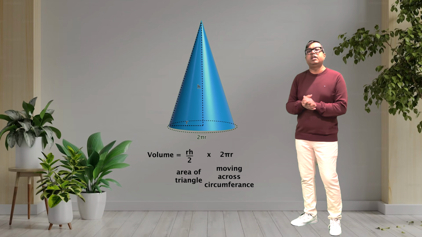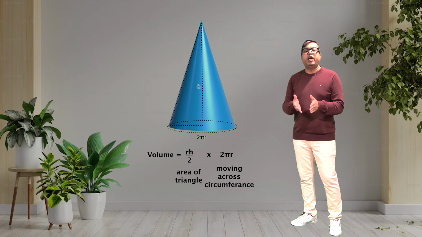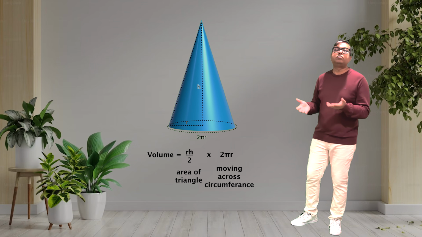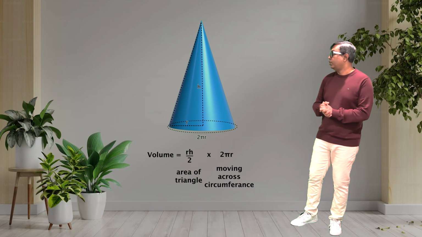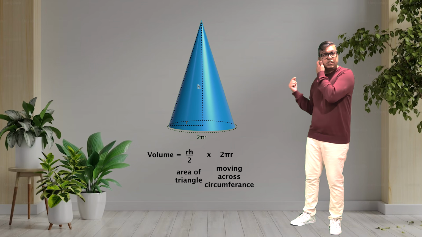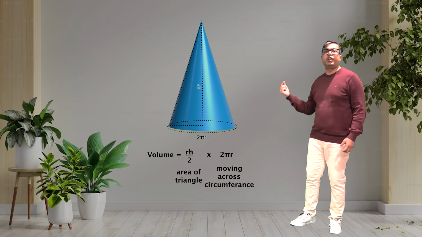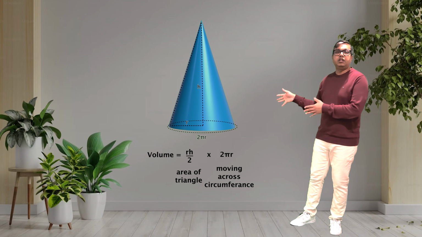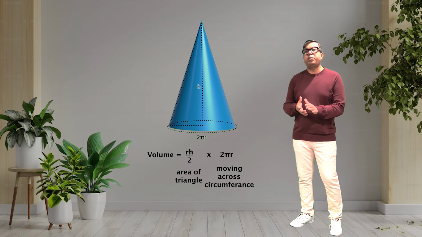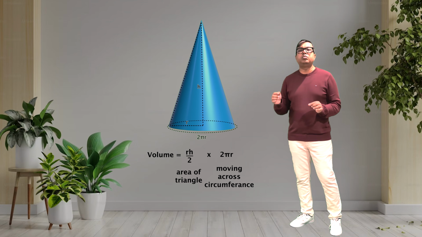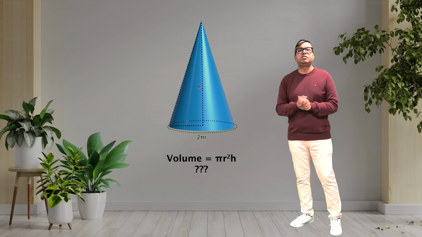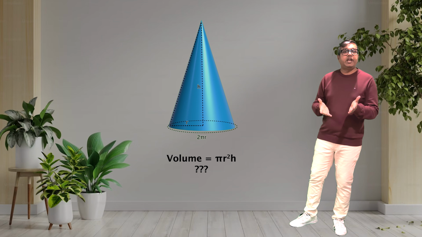So the area of the triangle is half into h into r, h into r by 2. It's moving across the distance 2 pi r, which is the circumference of our circle at the bottom of the cone. So 2 pi r into r h by 2 becomes pi r square h.